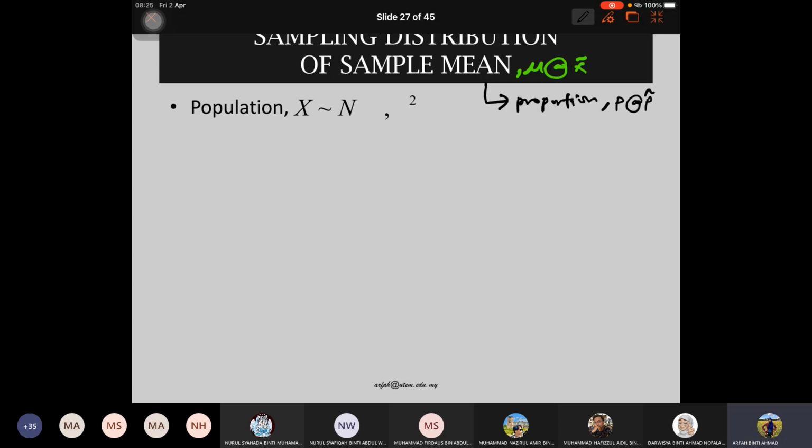So, if the population follow the normal distribution with mean equal to mu and variance sigma squared.